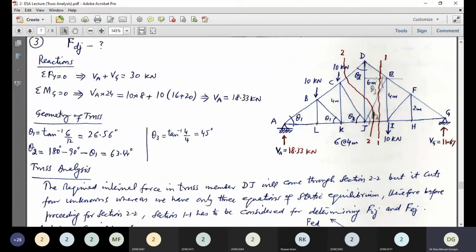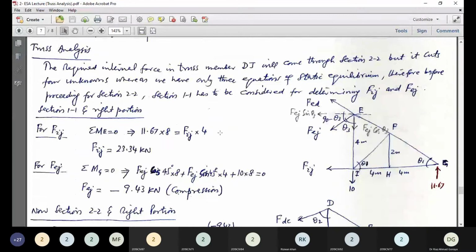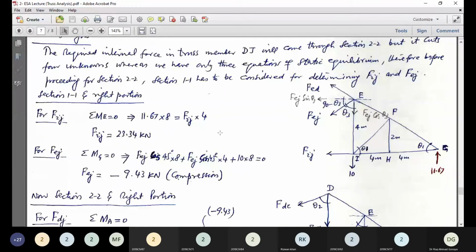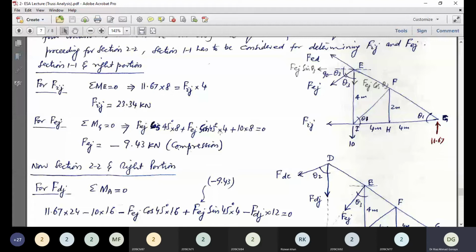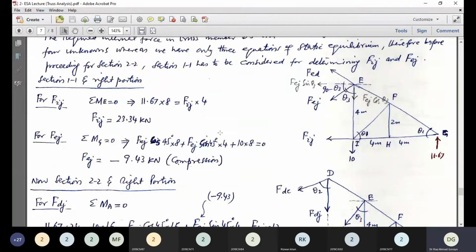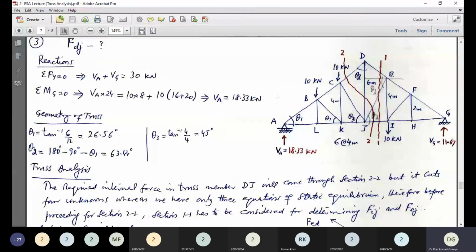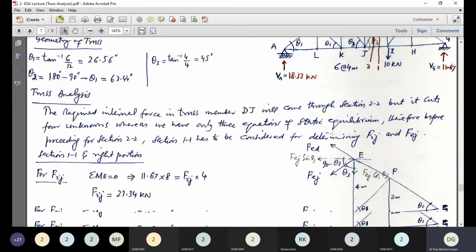So for this section 1.1, it is again more convenient to consider the right portion as the free body diagram. This one. Now we will determine only the two member forces IJ and EJ, because that will help us for section 2.2.